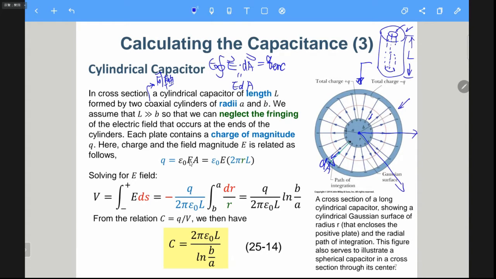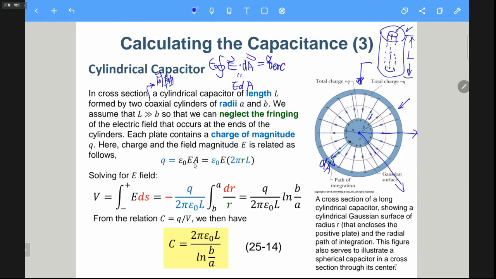We assume the E field is uniform over this Gaussian surface. So the left side is nothing but epsilon 0 times E times A, like this. And Q is the charge inside, which is Q.